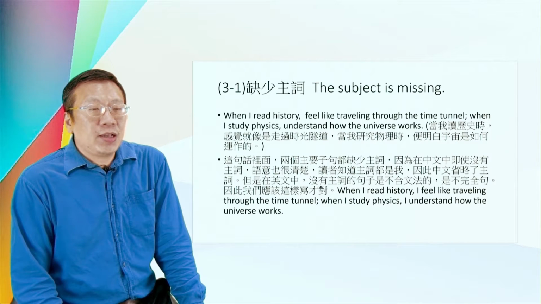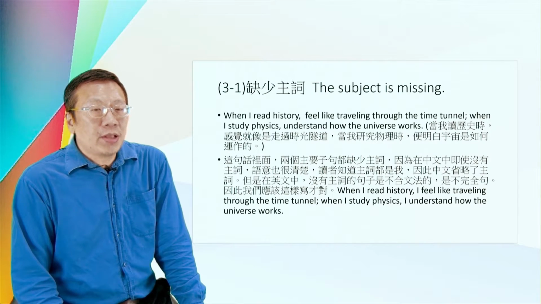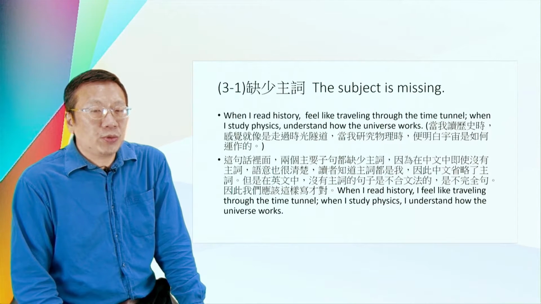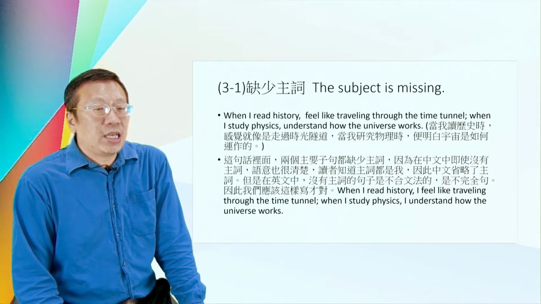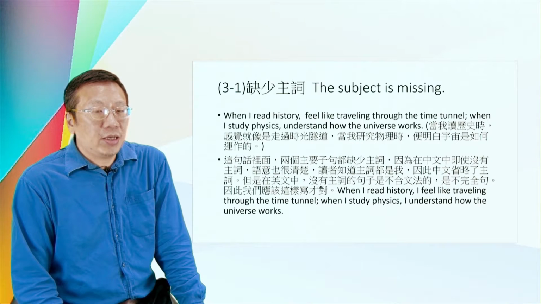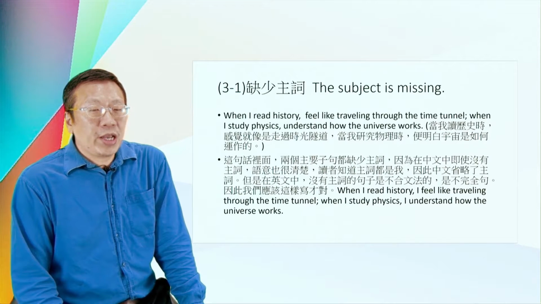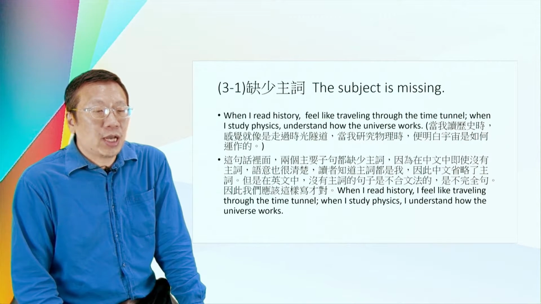When I read history, feel like traveling through the time tunnel. When I study physics, understand how the universe works. 当我读历史时，感觉就像是走过时光隧道；当我研究物理时，便明白宇宙是如何运作的。在这句话里头，2个主要子句都缺少主词，因为在中文里，即使没有主词，语义也很清楚，读者可以知道主词都是我，因此中文省略了主词。但是在英文中，没有主词的句子是不合文法的，是不完全句，因此我们应该这样写才对。When I read history, I feel like traveling through the time tunnel.